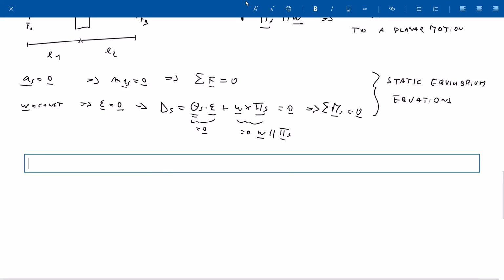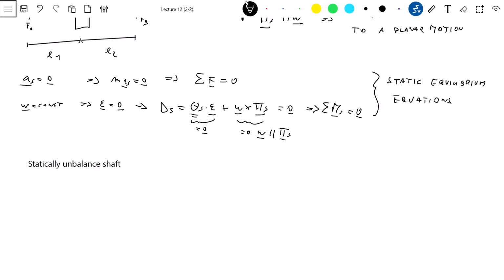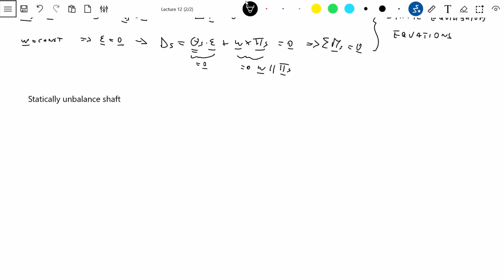Now let's consider the case of a statically unbalanced shaft. So statically unbalanced shaft means that, let's draw the same cylinder that we had before.